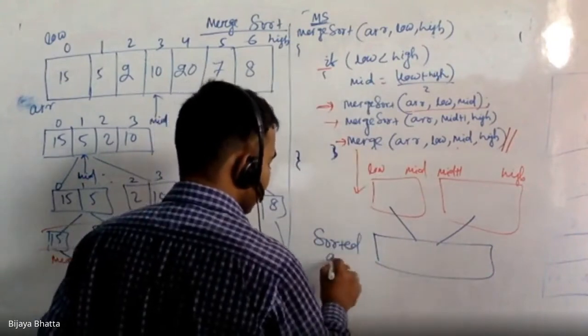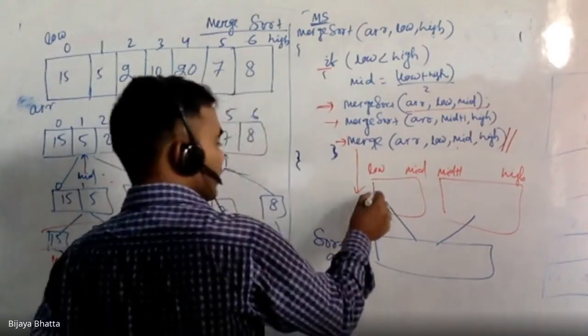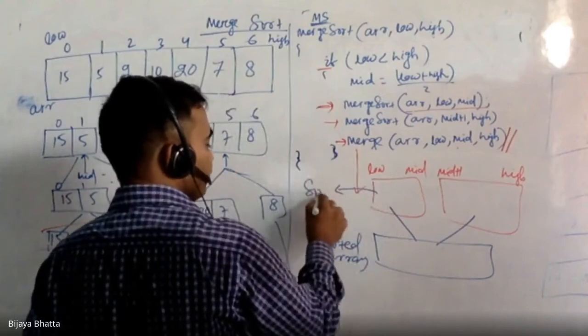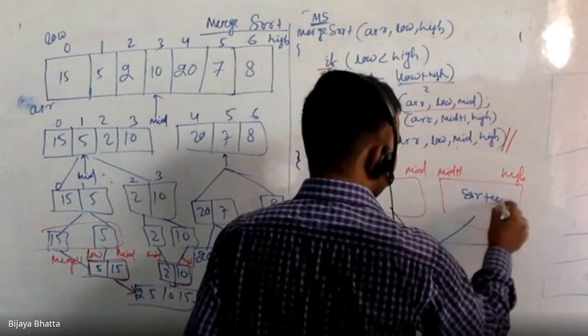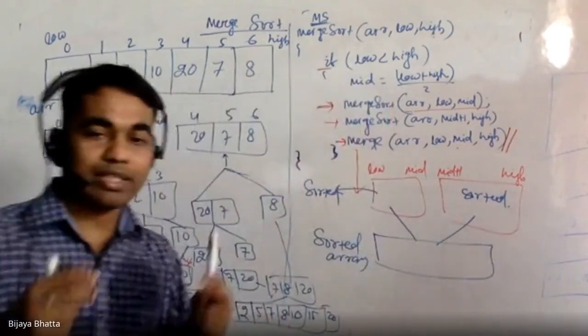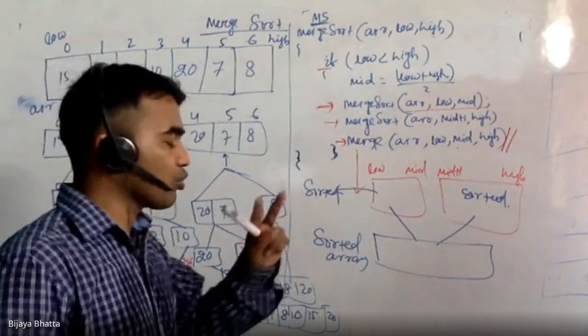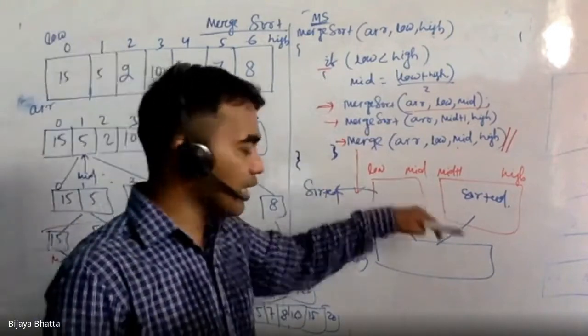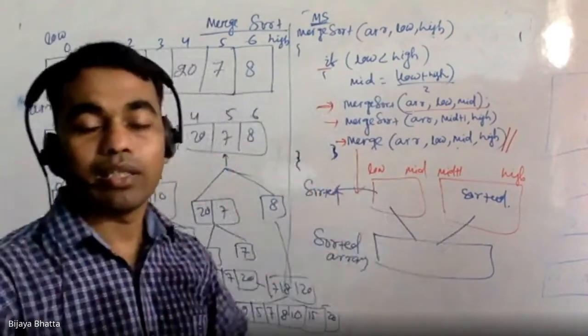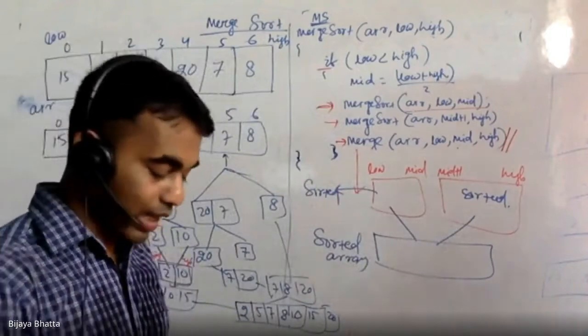And remember, this array is in sorted form, and this array is also in sorted form, right? So that means this merge function takes two sorted arrays, merges them and generates a sorted array, right? So that's what it generates.